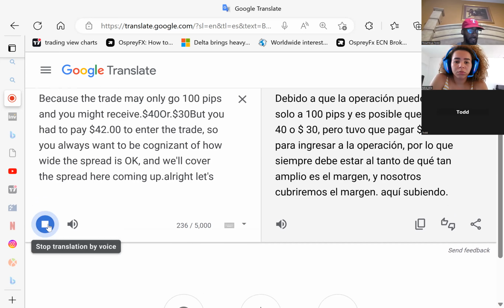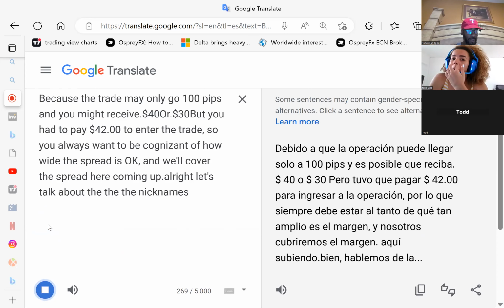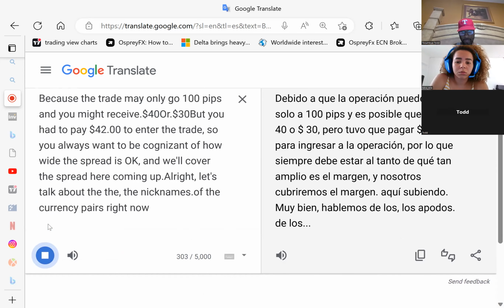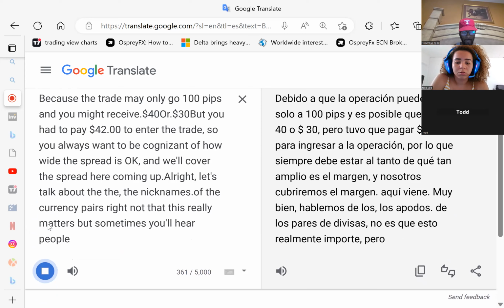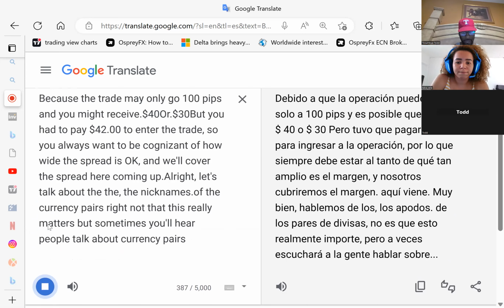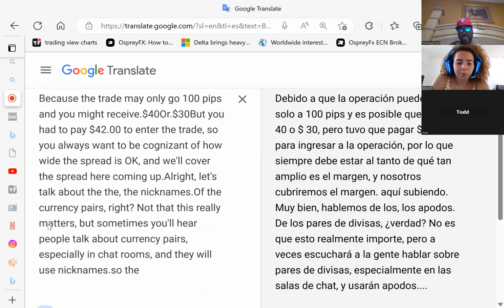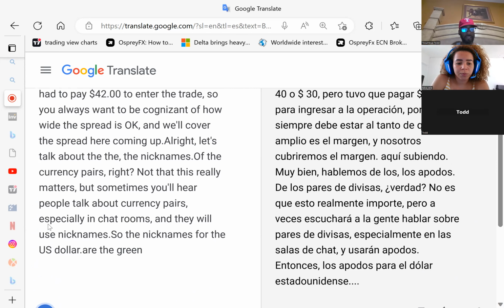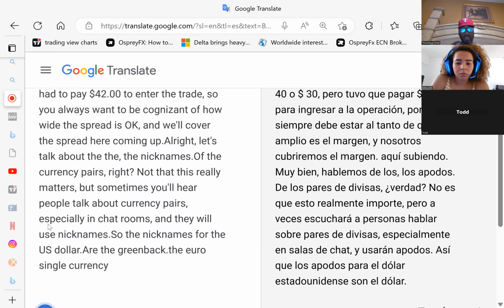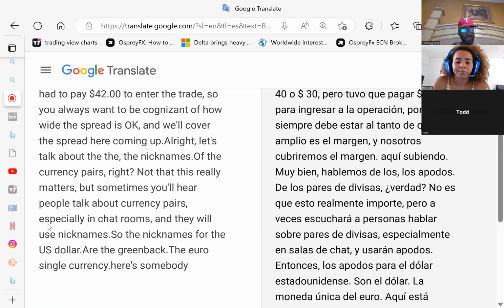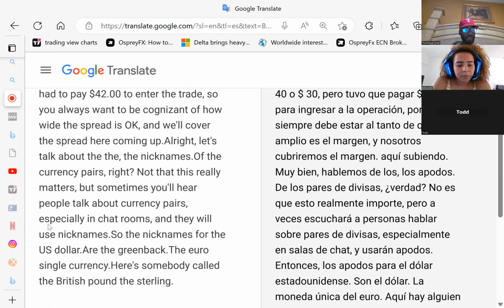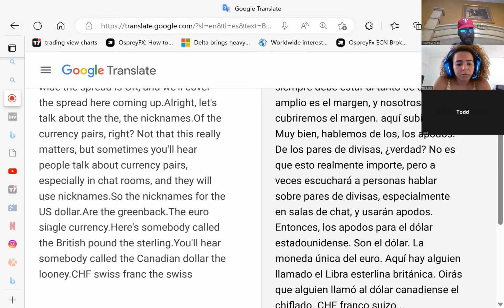All right, let's talk about the nicknames of the currency pairs, right? Not that this really matters, but sometimes you'll hear people talk about currency pairs, especially in chat rooms, and they will use nicknames. So the nicknames for the US dollar are the greenback, the euro, single currency. You hear somebody call the British pound the sterling. You'll hear somebody call the Canadian dollar the loonie. CHF, Swiss franc, the Swissy. The Aussie dollar, they call it the Aussie. They'll call the New Zealand dollar the Kiwi.